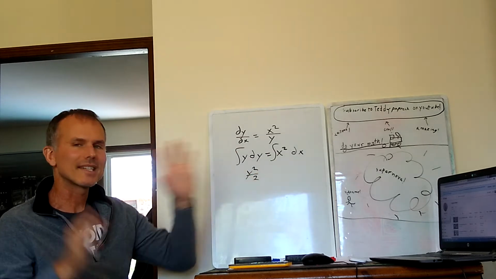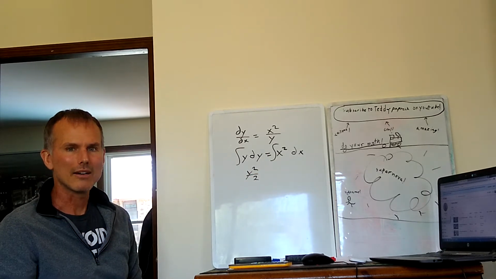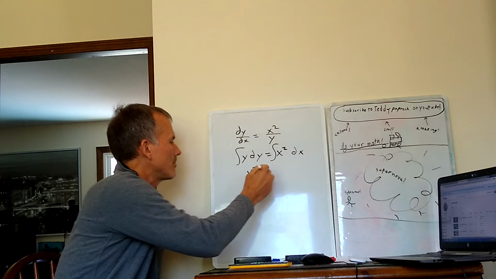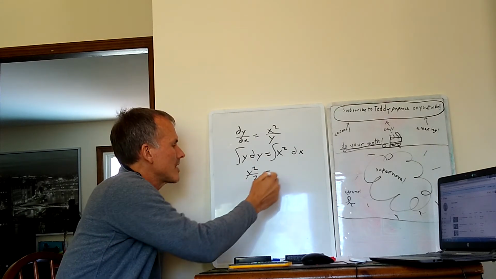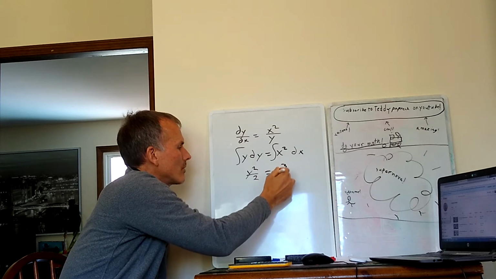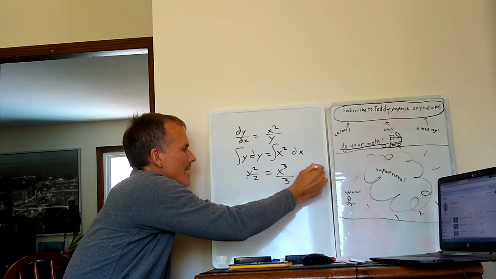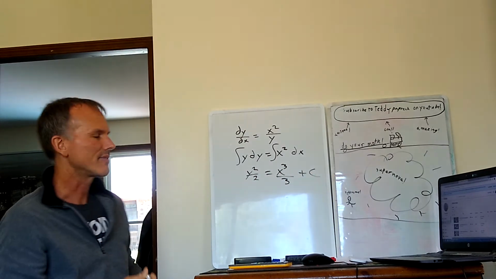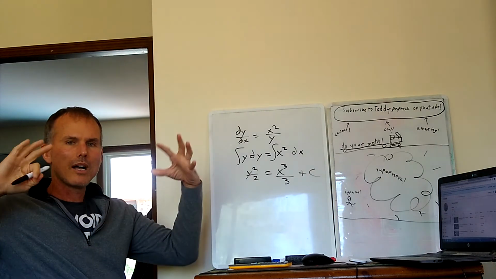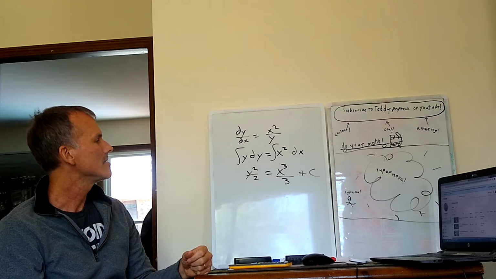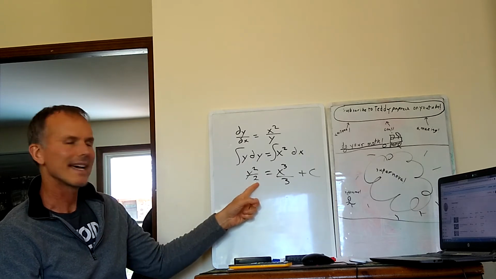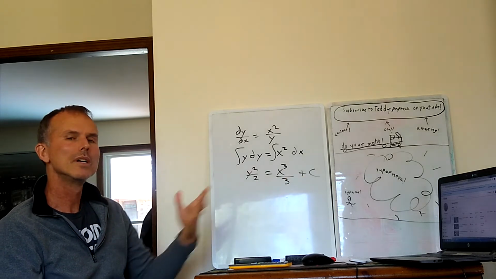So their difference can also have any value at all. Okay, so I'm not going to put a plus c on the left when I do the anti-differentiation. I am, though, of course, on the right, and that c right there is going to absorb the c from the other side, okay? So long story short, you don't have to add a plus c on the left side, you do on the right side.